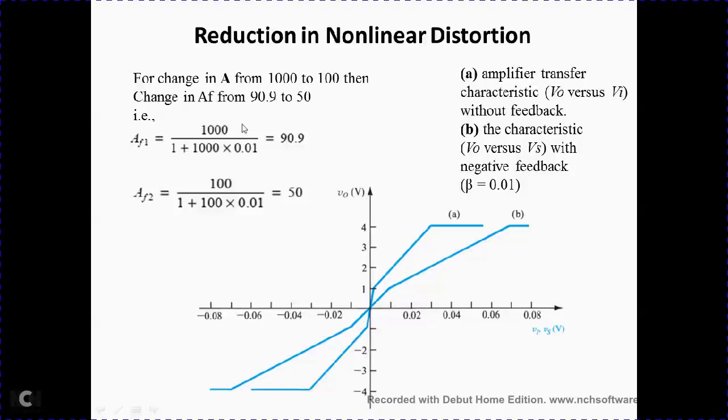If A is equal to 1000, AF becomes 90.9. If A becomes 100, 10 times reduced, then AF becomes 50. It is not reduced by 10 times. 90.9 becomes only 50, not 9. That is how it maintains the linearity, and that is how it avoids non-linear distortions.